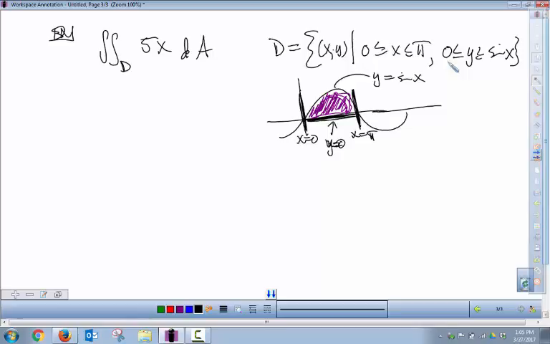And what would seem to make sense to integrate with respect to first? Should we integrate with respect to x or y? And it does kind of make a difference. Let's take a look at integrating with respect to x. And here's some other rules of thumb here. Integrate with respect to x first.